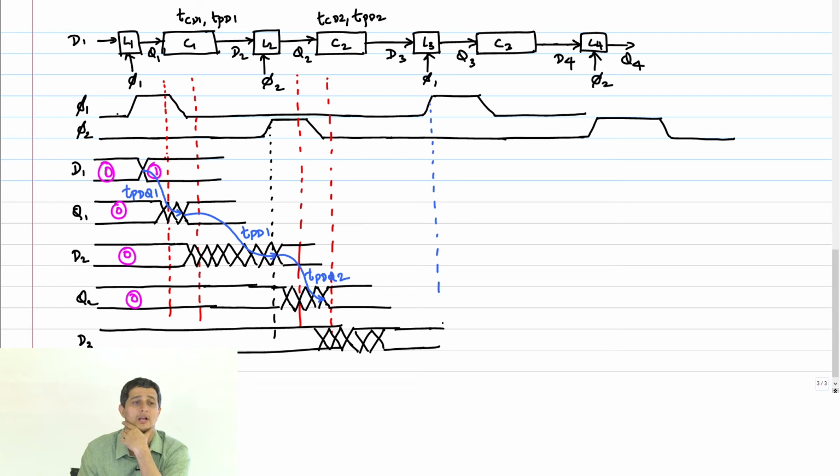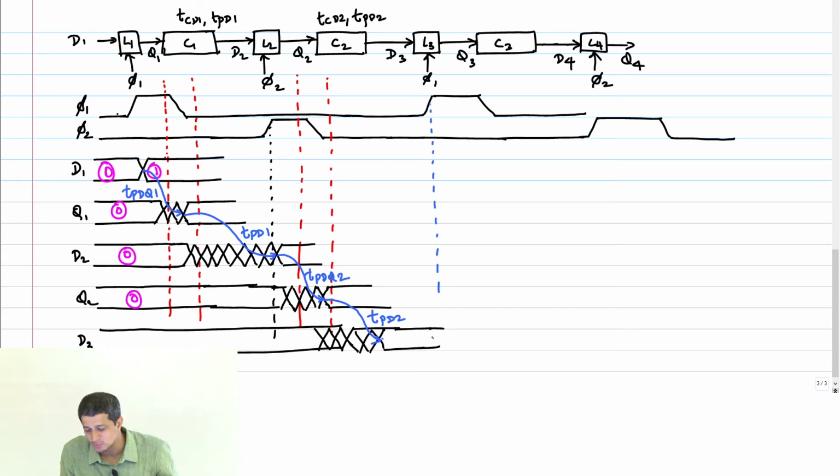So now what is the timing constraint that I can write? Okay, what is this delay? T, C, what TP, D2, correct? So what is the timing constraint I can write now on the clock? This entire thing should finish in one clock cycle.